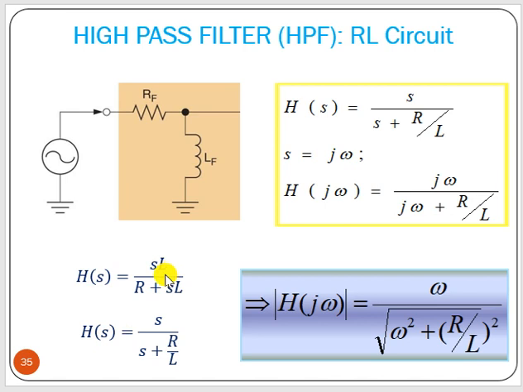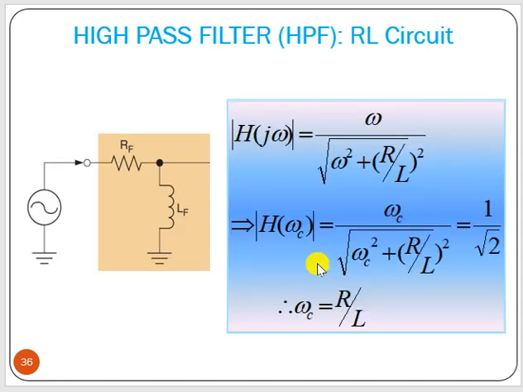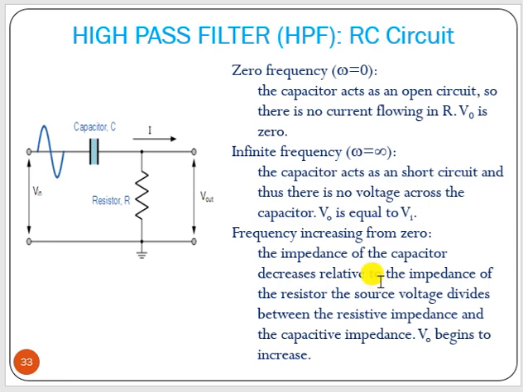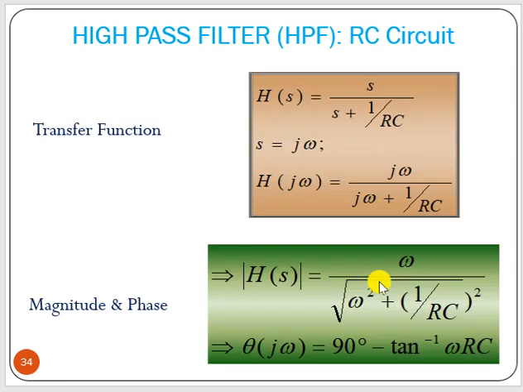So HS equal to S by S plus R by L. You can put j omega, so magnitude will be omega by root of omega square plus R by L whole square. We set that equal to 1 by root 2, so we have omega C equal to R by L. And in the previous case that is 1 by RC.